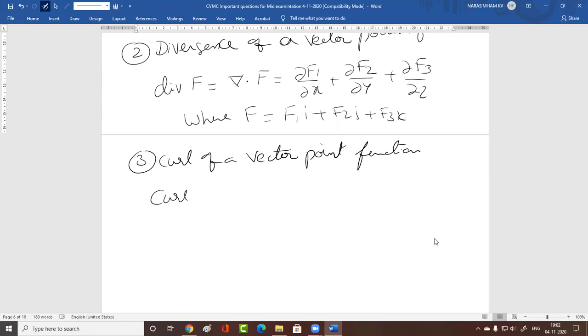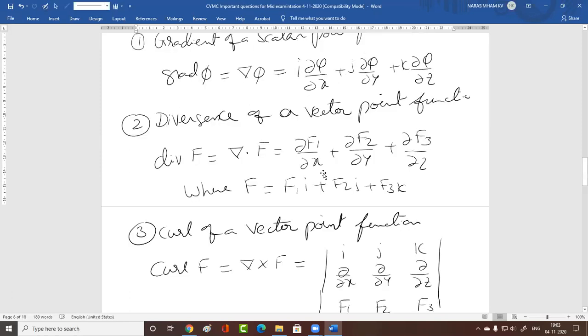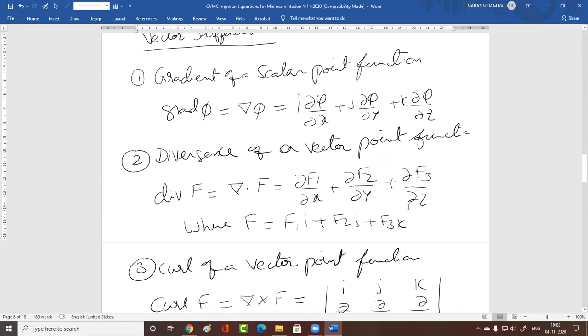Curl f equals del cross f equals determinant of i, j, k, dou by dou x, dou by dou y, dou by dou z, f1, f2, f3. Okay. Now problems. So these are all definitions of gradient, divergence, and curl.